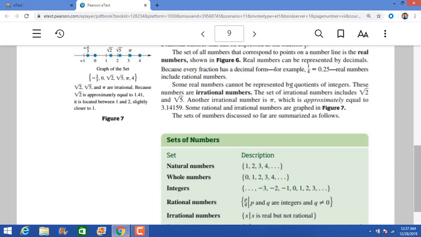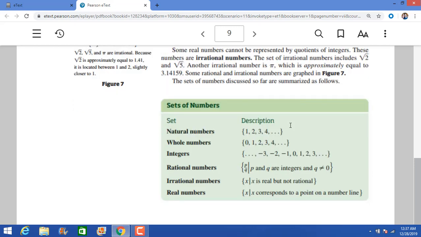These are called the irrational numbers. So irrational numbers are another set of numbers that are outside the rational numbers, and if we put both of these sets together, it gives us the real numbers. For example, negative square root of 2 and the square root of 5 are irrational numbers. Pi is an irrational number as well.